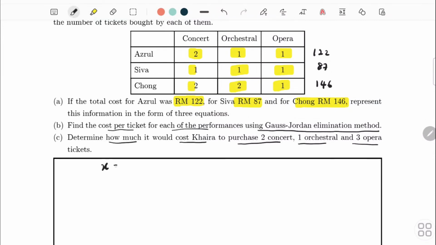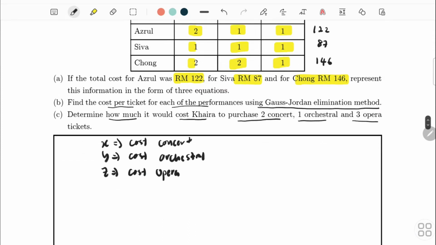X would be the cost for concert tickets, Y would be the cost for orchestra, Z would be the cost for opera. So we're going to use the variables X, Y, and Z.